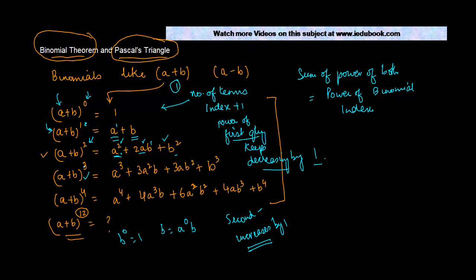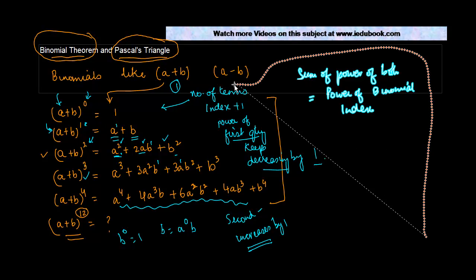Let's take this case, 3, so a to the power 3, b is 0, so 3 plus 0, 3. The power of a is 2 here, and b is 1, so 2 plus 1, again 3. The power of a is 1 here, b is 2, 1 plus 2, again 3, right? So these are some of the properties which arise in the case of powers. Now let's form the Pascal's triangle.